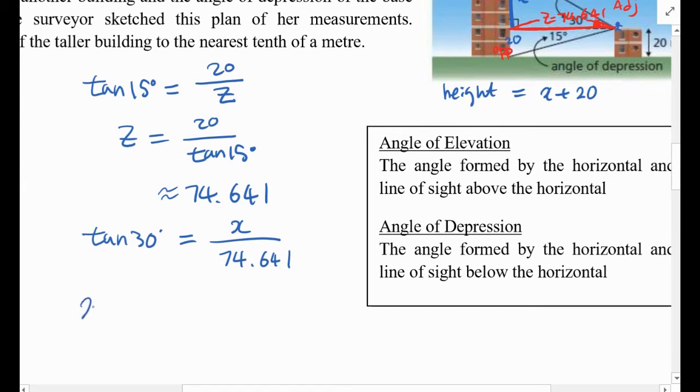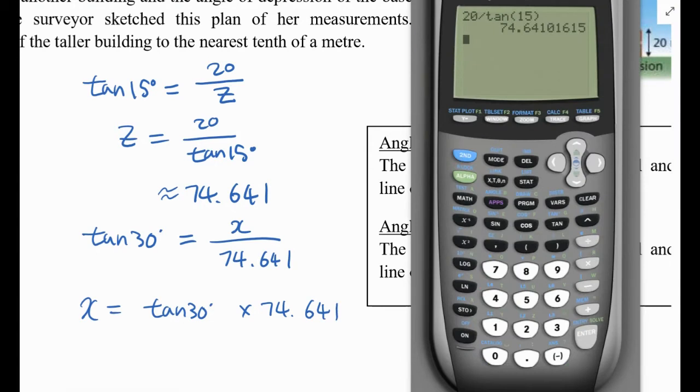And to find x, you have to multiply tangent 30 times 74.641.